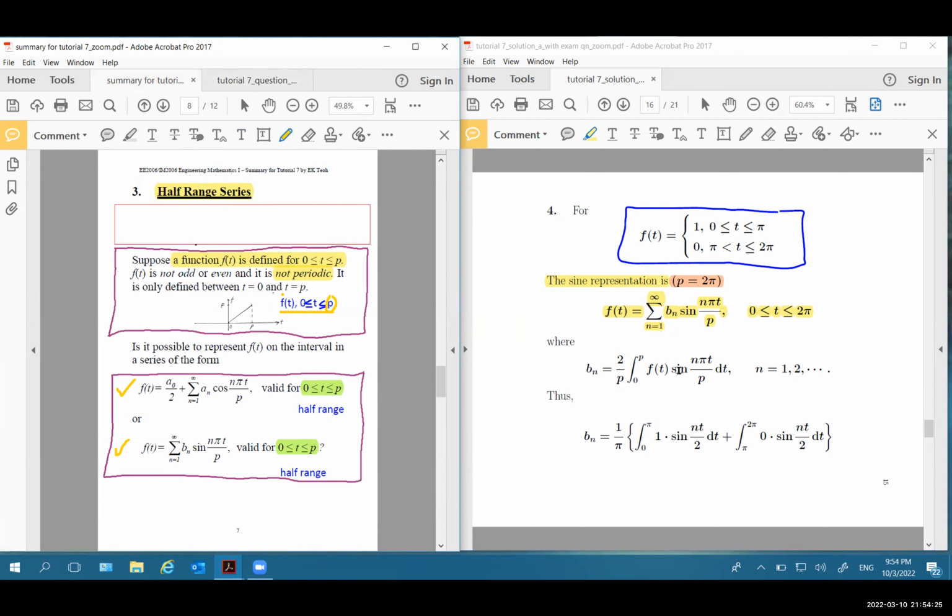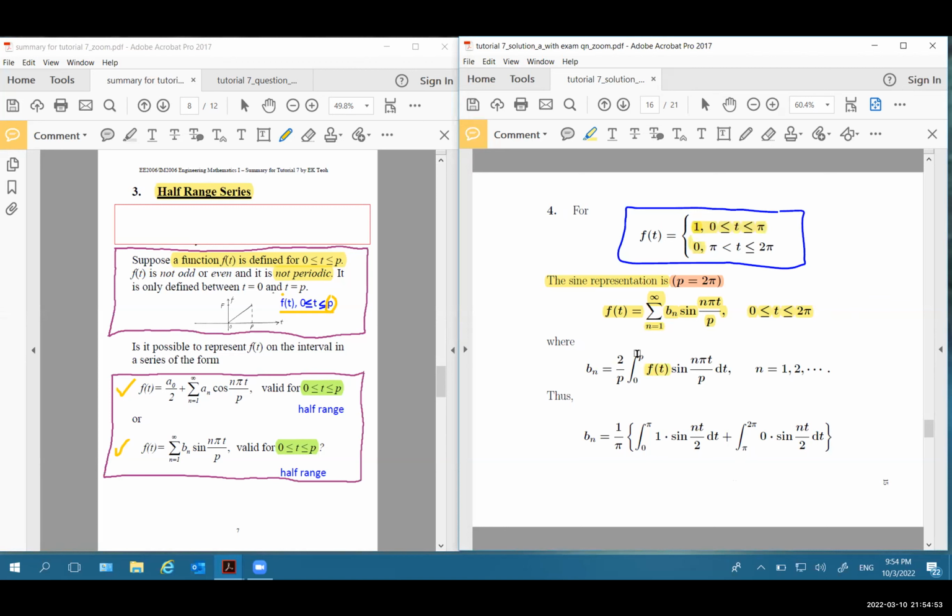So inside the formula, you see all the small p, right? The small p is 2 pi, so I really want to carry out this integration. I'm going to integrate 0 to 2 pi, right? But our function is actually in two parts. It's 1 from 0 to pi, and 0 from pi to 2 pi.